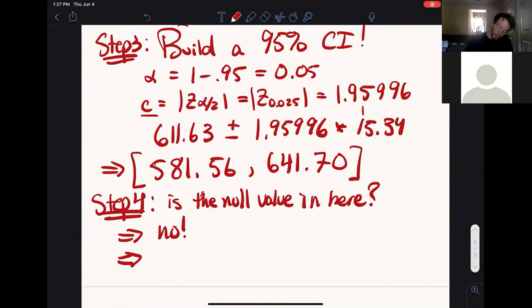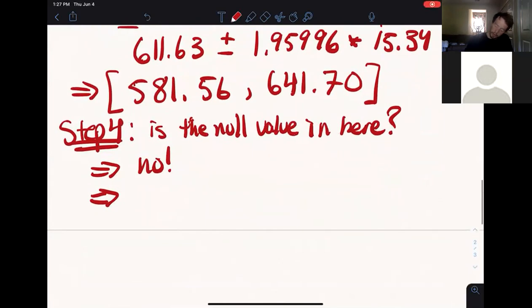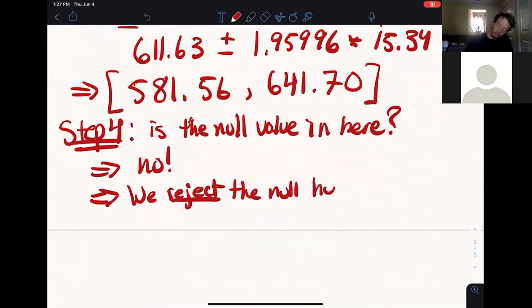So since 650 is not in our interval, we reject the null hypothesis. And perhaps hire a new consultant.